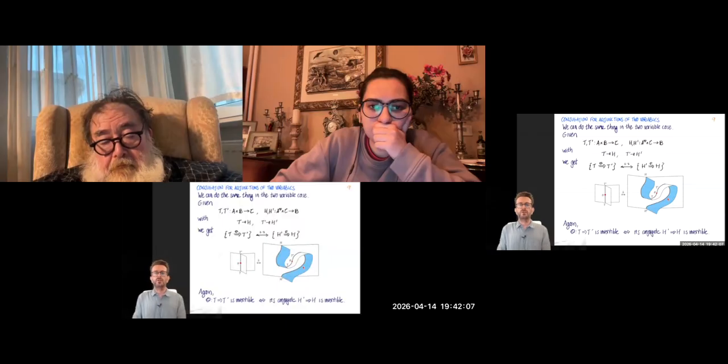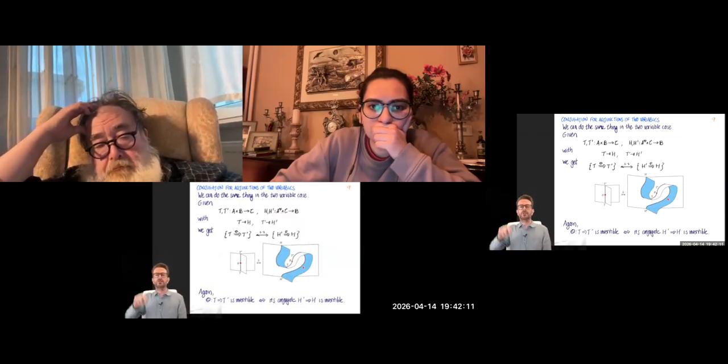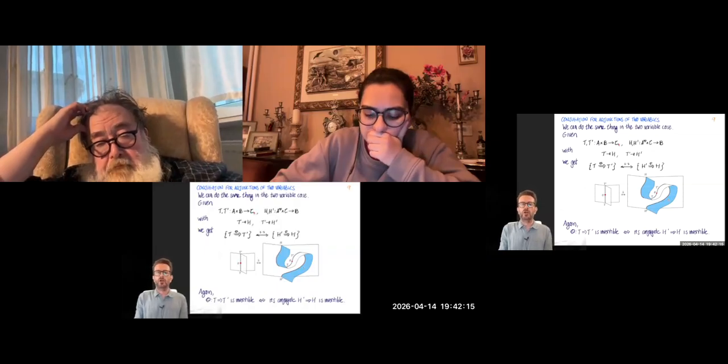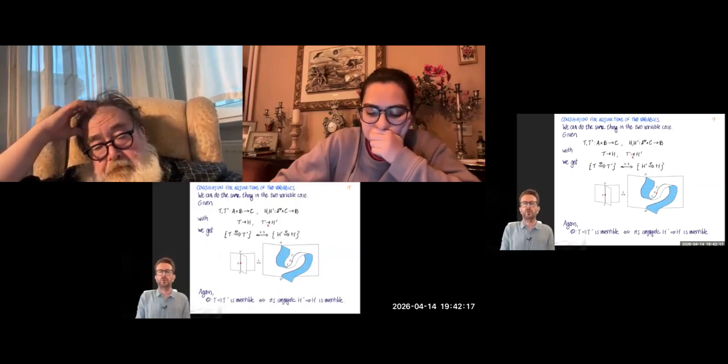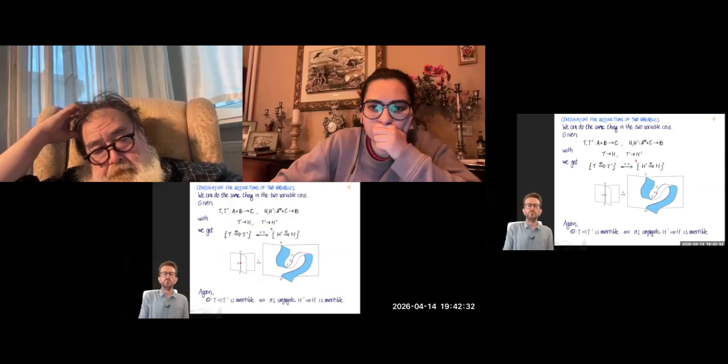We can do the analogous thing for adjunctions of two variables. If we have two adjunctions of two variables, with a T and an H, and a T prime and an H prime, both going between the same triple of categories, A cross B to C and A op cross C to B, then we get the same sort of relation.